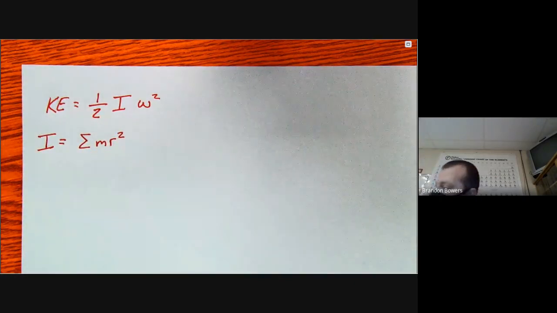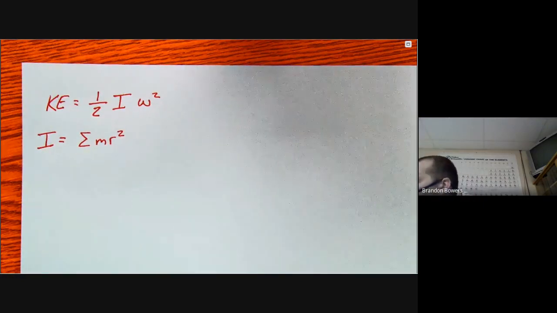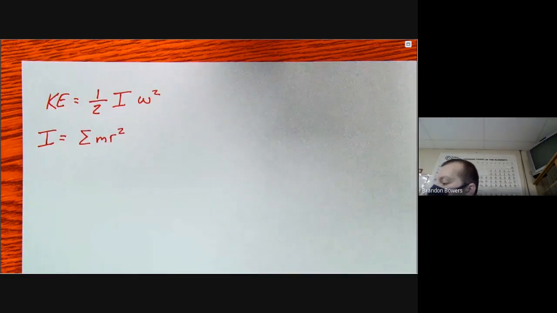Does that mean, if there are two masses, you square those radii, multiply those by the masses, and add those together? So if there are two weights, you do mass times radius squared for one, mass times radius squared for the other, and add those together. Yes. Would the radius be negative for one of them?